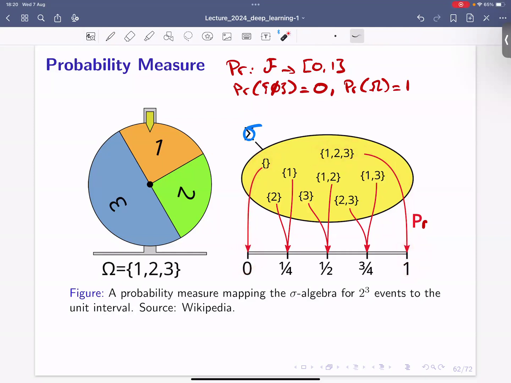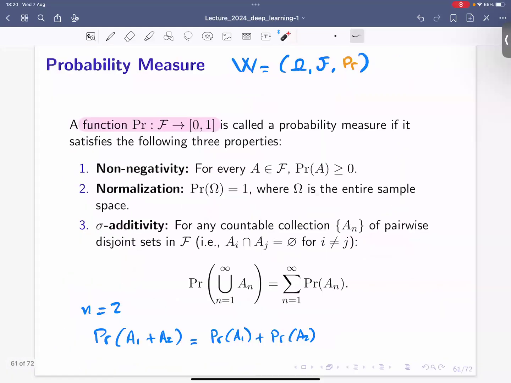And then the rest, well, it's given here on this picture, right? So again, we said the probability of 1 is 1 quarter. The probability of 2 here is also 1 quarter. The probability of 3 is 1/2. And how do you get the probability of {1,2}, {1,3}, and {2,3}? You can use the additivity property that we discussed before, right?